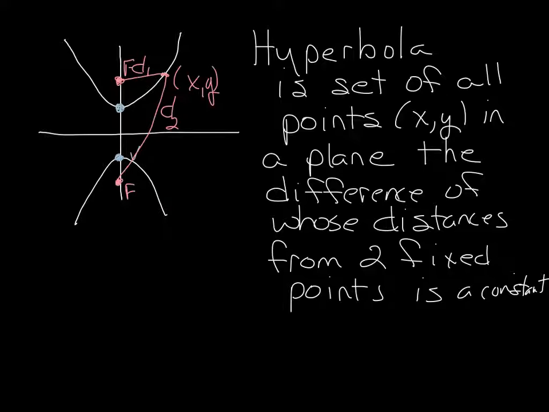All right, now looking at our hyperbola, our vertices are here, just probably where you would expect them to be, looks like where the vertex of a parabola would be. We have two vertices. We have a center point, right here.